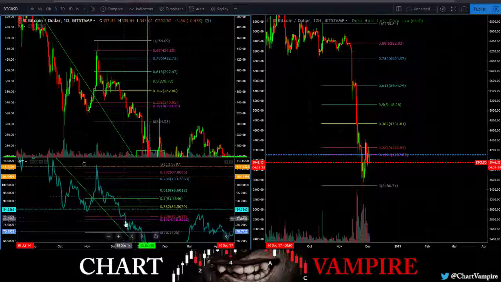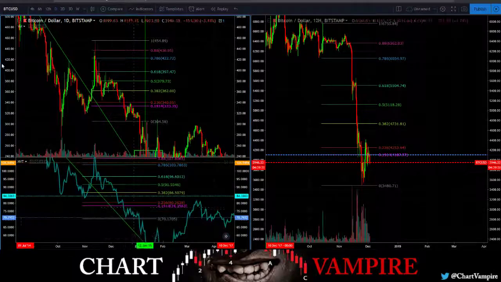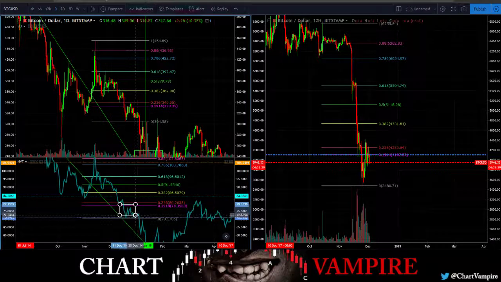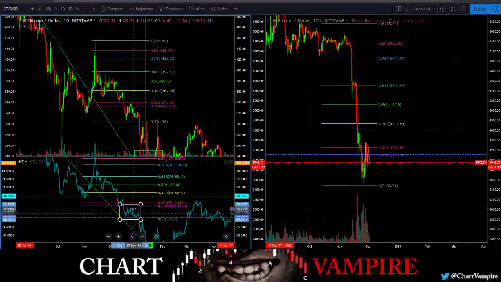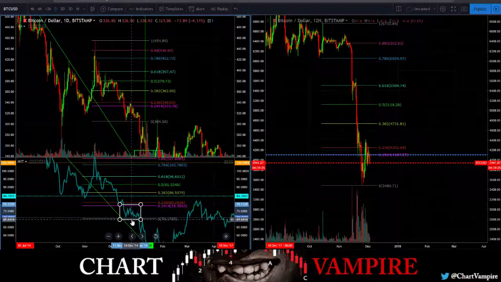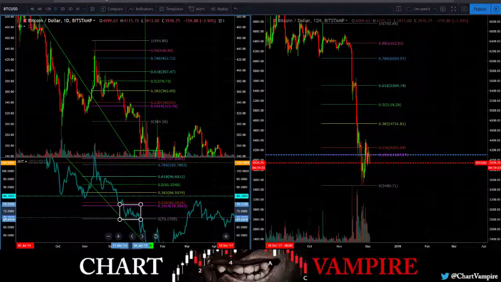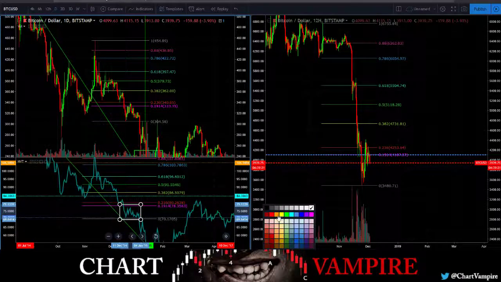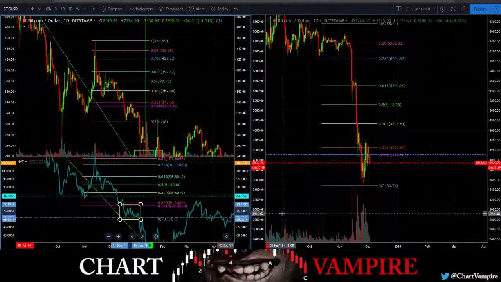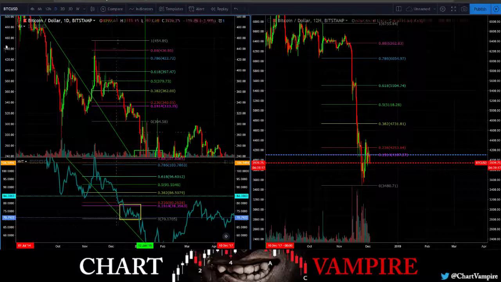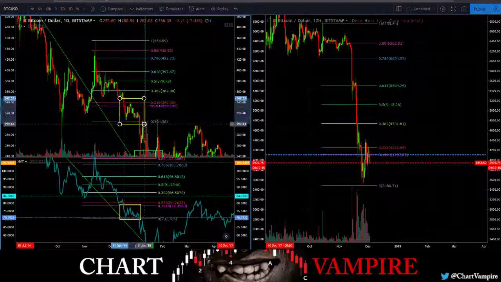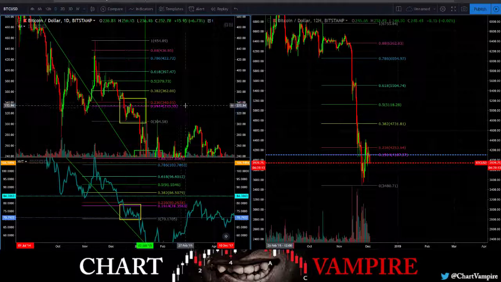That would put this retracement in this range right here, and that range right there. And once again, I can't be 100% certain, but this is where we could possibly be sitting right now.